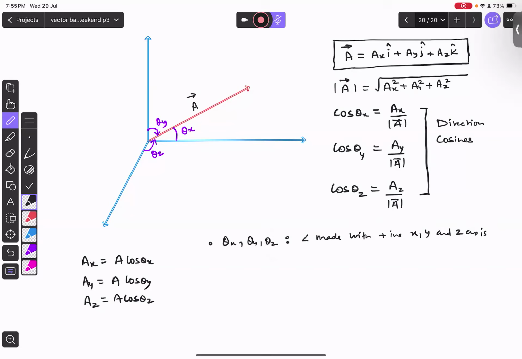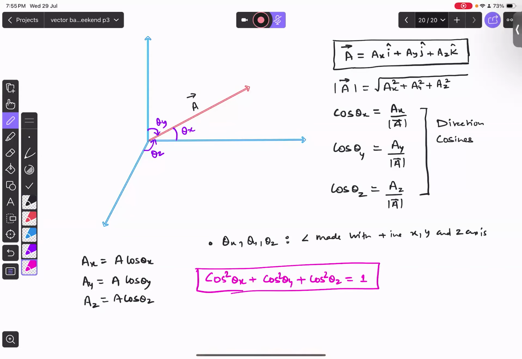So these are also called direction cosines. And if you square them and add them, you will see it is going to be equal to 1. So cos square theta x plus cos square theta y plus cos square theta z, you add up and check what it comes to. It is going to become equal to 1. I hope all of you got this. So check out this proof from S.C. Verma or whatever book you have.